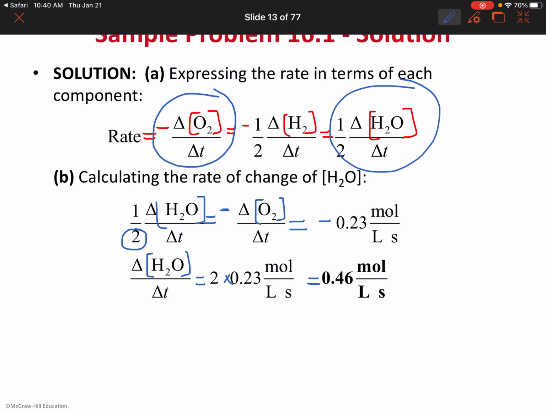So as the concentration of oxygen decreases at 0.23 moles per liter per second, the concentration of water increases 2 times that, which is 0.46, right? Because that is what we also have in our equation.